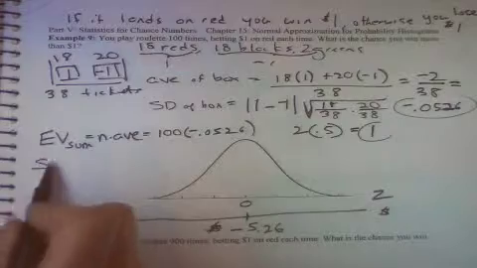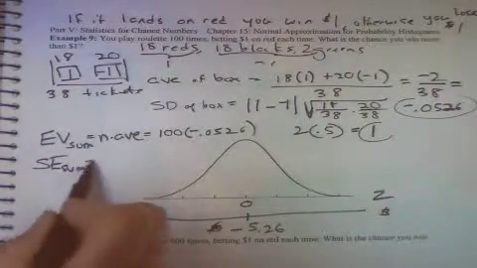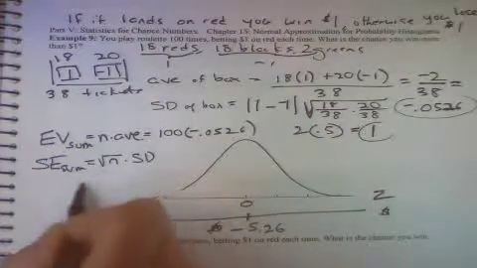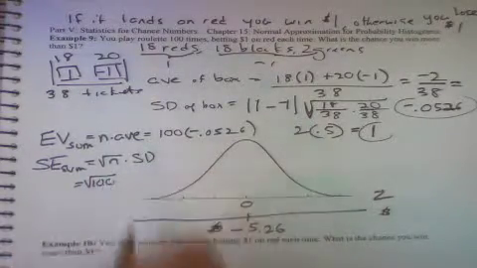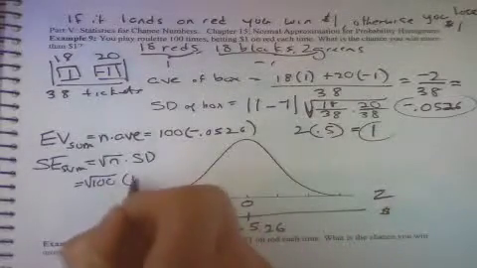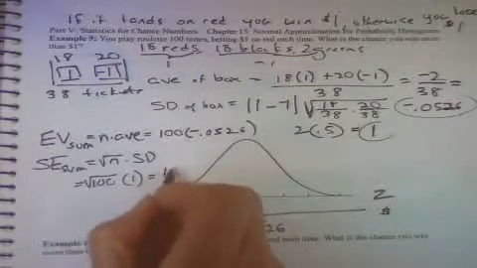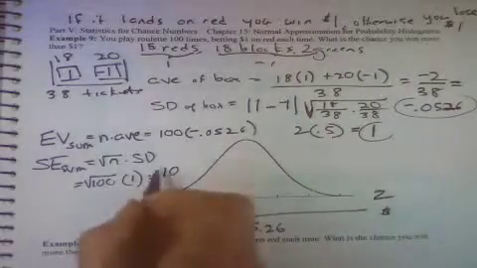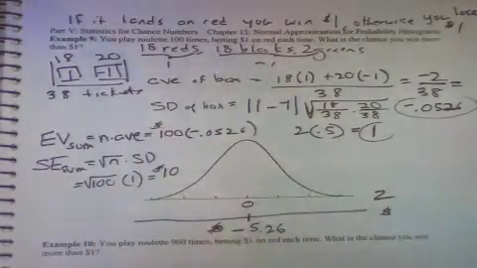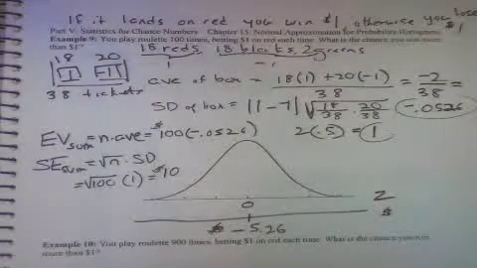We have to get the standard error for the sum, which is the square root of n times the standard deviation of the box. So that's the square root of 100 times what? This is an easy one, times $1. So that's $10 right there. These are dollars, by the way.